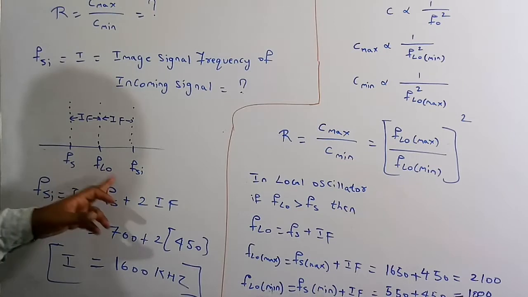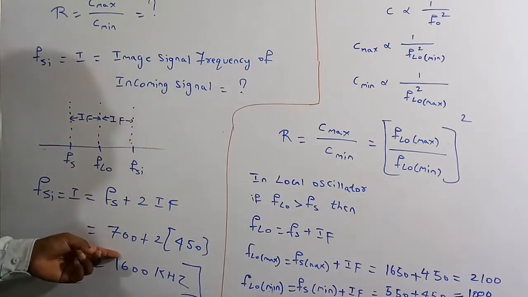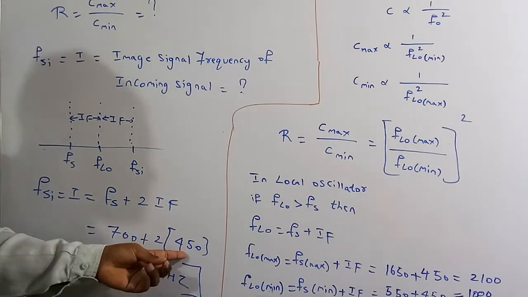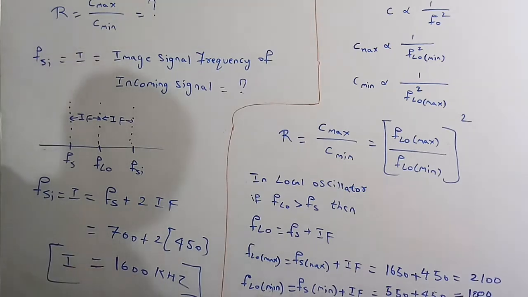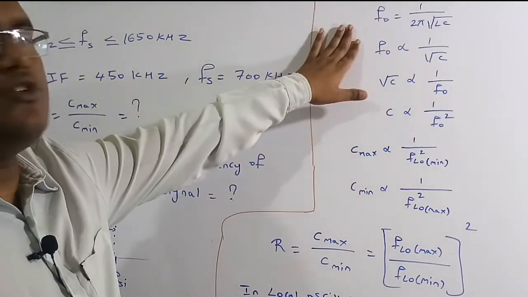FSI is equal to FS plus 2 IF. We know FS is 700 kHz, and 2 times the intermediate frequency is 900 kHz, and if you solve this we get 1600 kHz. So we can conclude that the image signal frequency is 1600 kHz.